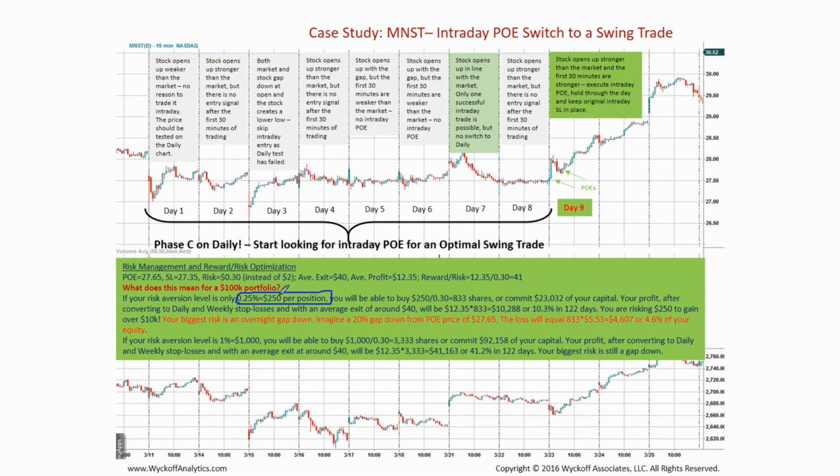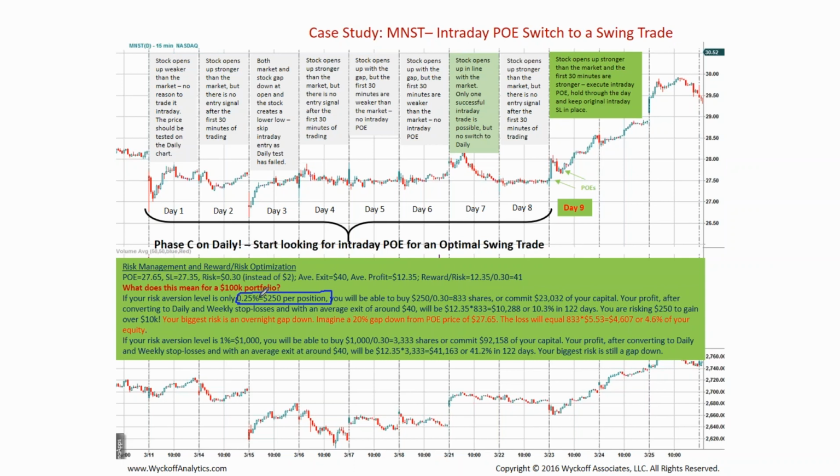But you would be surprised that some of the retail traders, I actually like that. I've met people who are using 0.25%, 0.5%, and there is nothing wrong with that. This is just the level of acceptance that they have for the risk, and I think it's actually very smart.